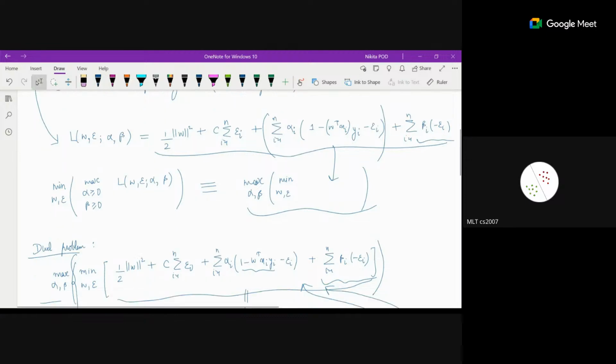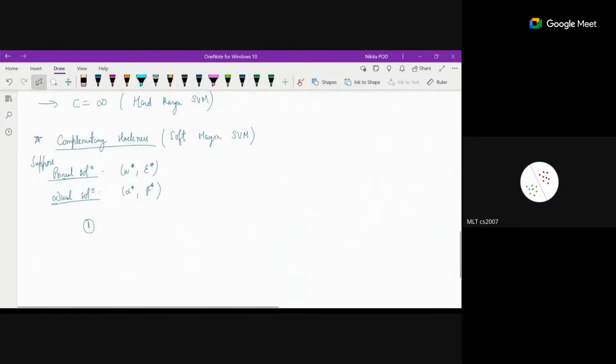This can be written as alpha I star times (1 minus W star transpose Xi yi minus epsilon I star) to be 0. And the second condition is that minus beta I star epsilon I star should be 0. These are for every I. This is what the complementary slackness condition says at optimality.